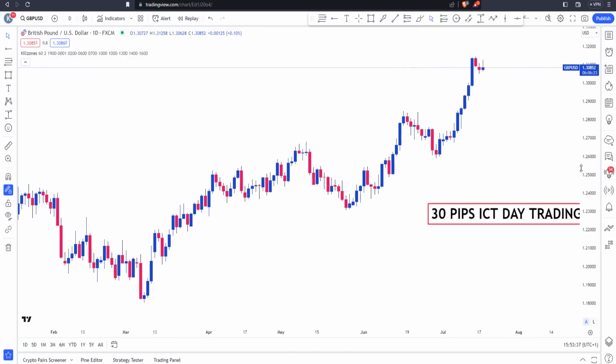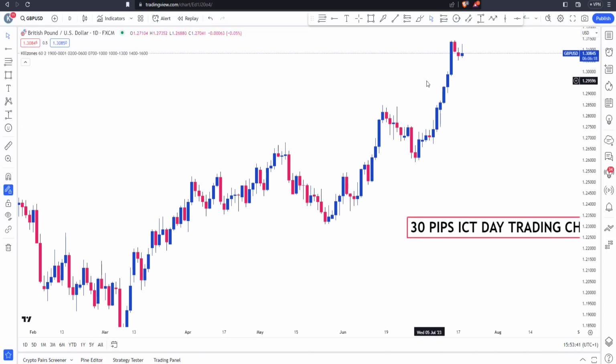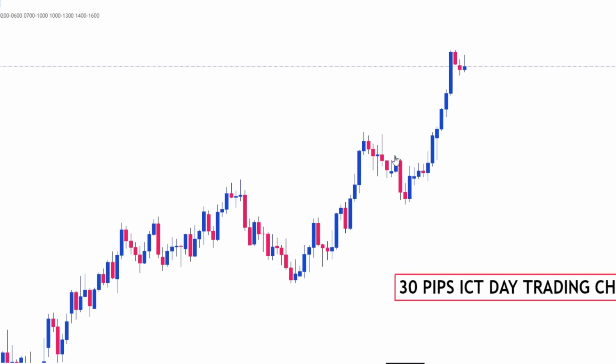Obviously, from looking at this, you will realize that the daily time frame is in a bullish order flow. So look at this, price has been moving up from here, had a retracement, had a break of structure recently at this exact level. Then price moved up to that place. How we know that this is a bullish order flow is the willingness of these candles to close above the previous day high.